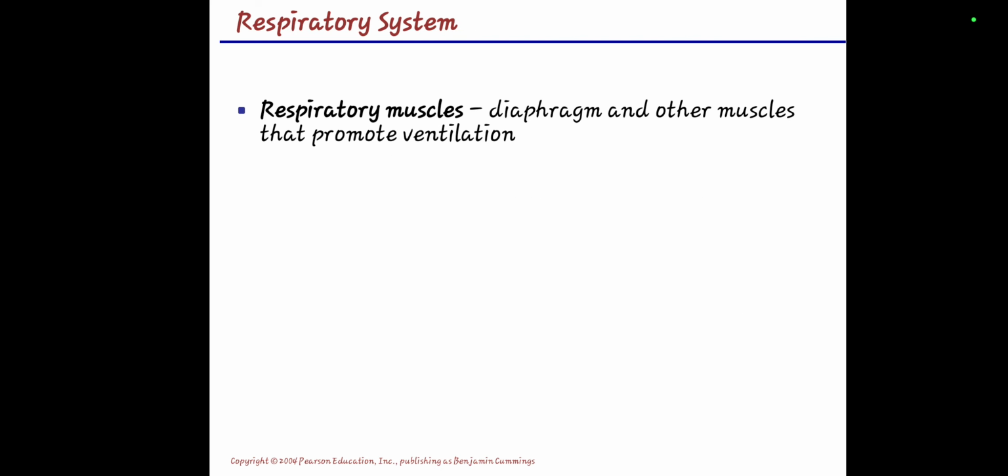So next, we have respiratory muscles. What is this? Respiratory muscles are explained as the diaphragm and other muscles that promote ventilation. What does it mean? When we say respiratory muscle, it involves specific exercise that requires either inspiration or expiration, or it is about stimulating your respiratory muscles.